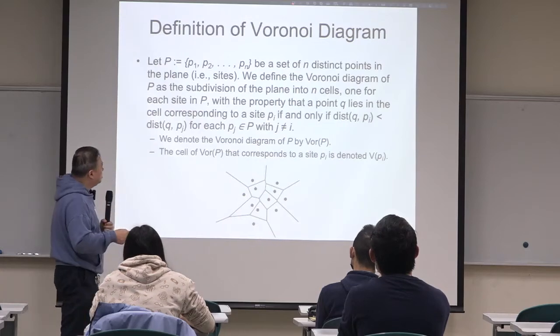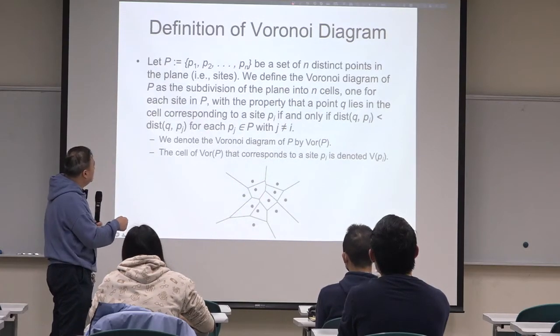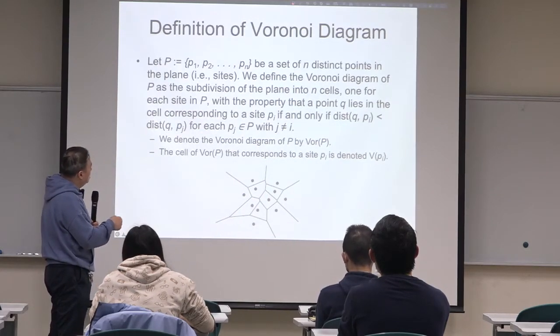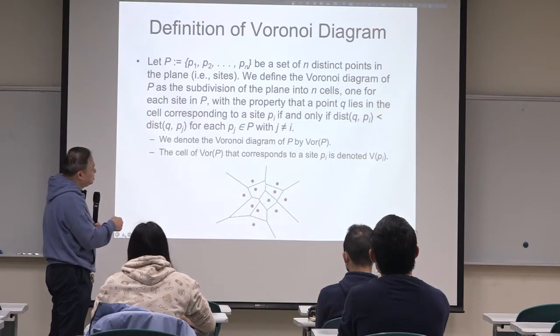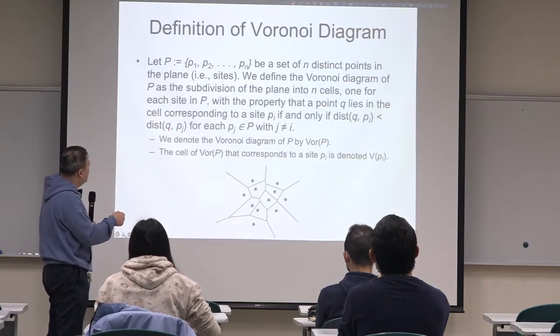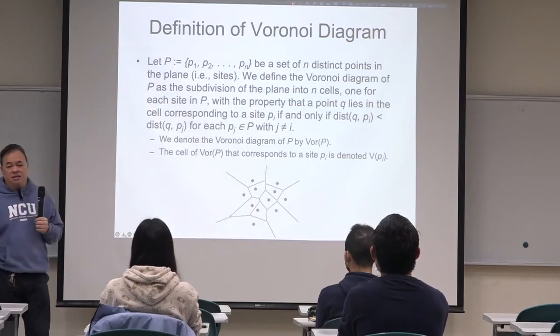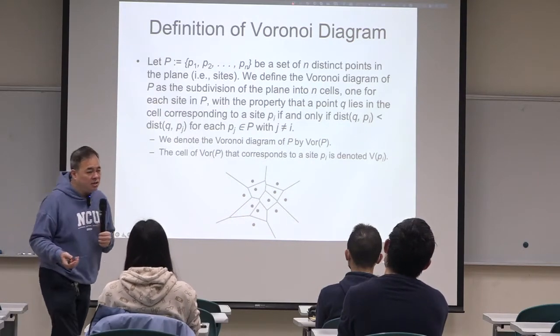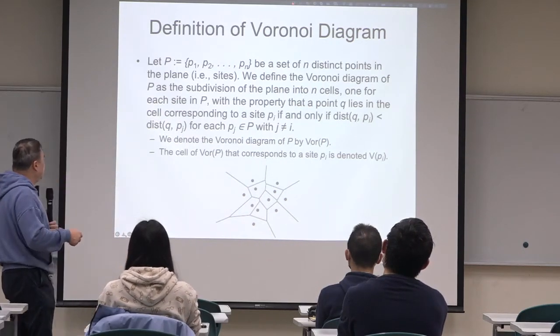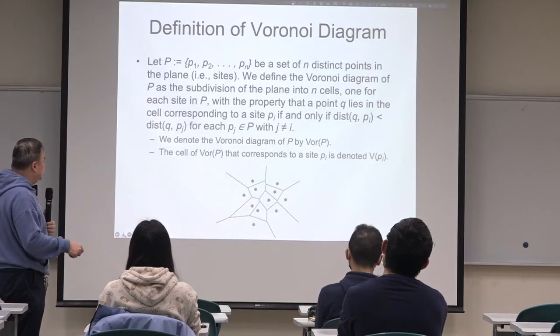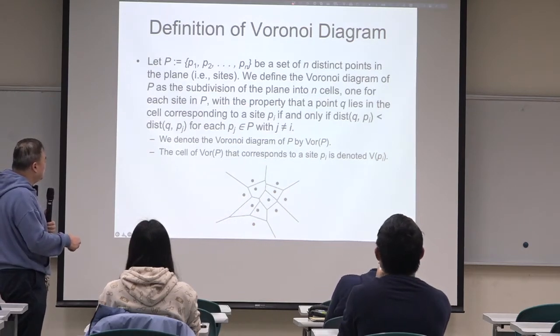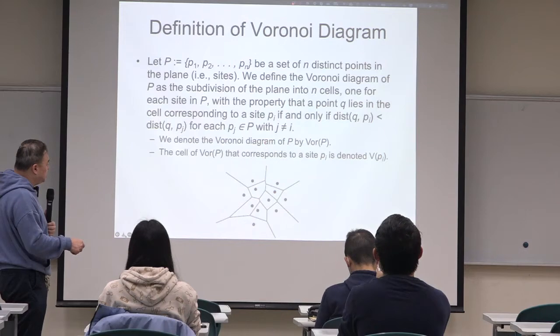For the notation, we represent distance like this. It shouldn't be difficult to understand. And this distance computation is just the Euclidean distance. Also, we can denote the Voronoi diagram induced by the set of sites P by Vor(P). This is just a notation.